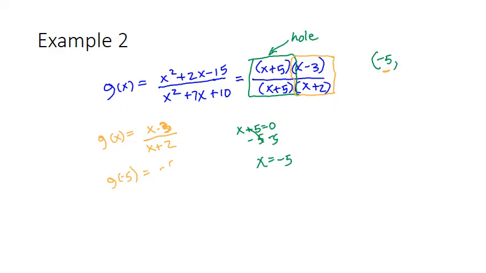If we do that, we end up with negative 5 minus 3 over negative 5 plus 2. Negative 5 minus 3 is negative 8, and negative 5 plus 2 is negative 3. This is equivalent to a positive 8/3. So in other words, our y value is going to be 8/3. And so this is the coordinate of our hole.